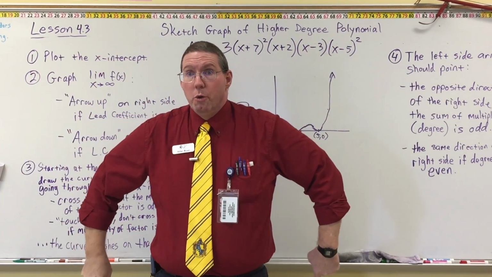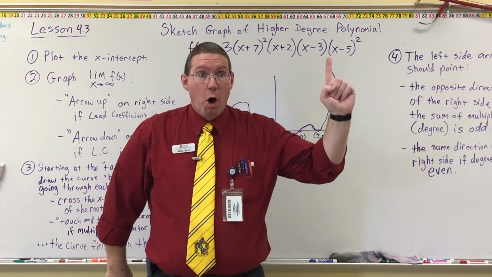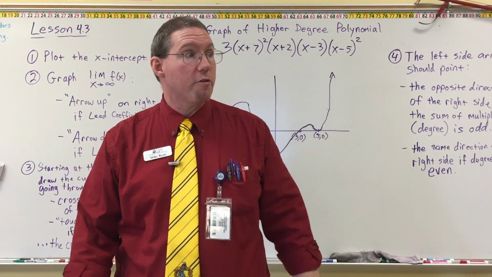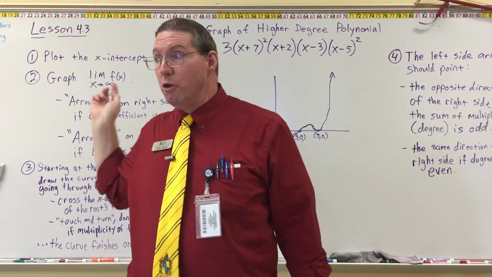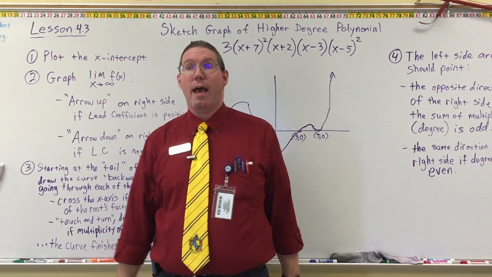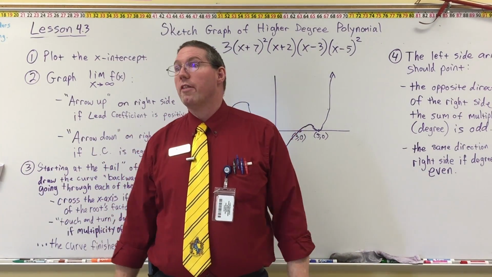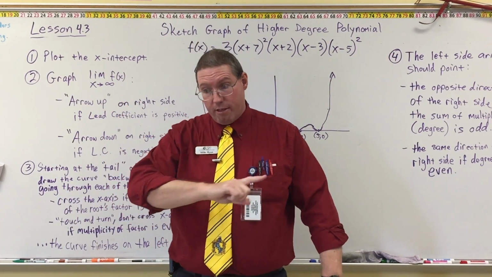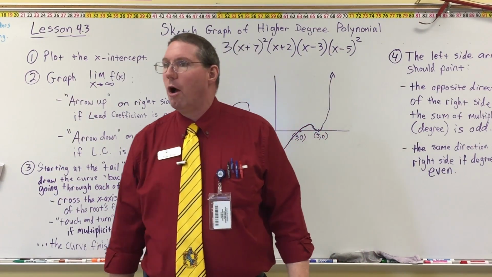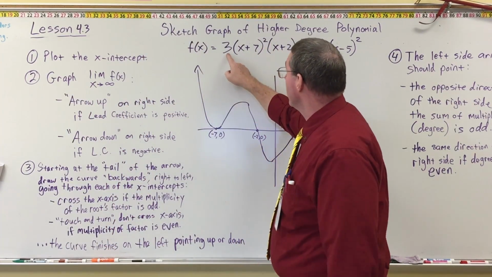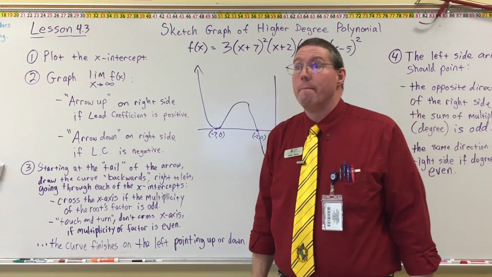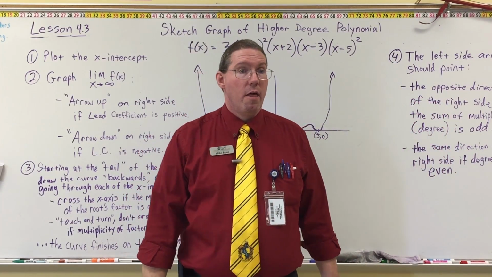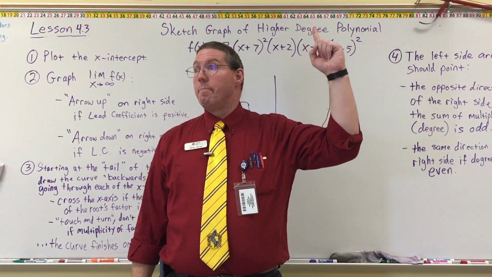1, 2, 3, 4. And I promise you there is going to be a question on the quiz or test that gives you one of these, and all it's going to say is which one of these is right. This, or this. And you have to be able to just glance at it and say, yep, I know. How do you know? Well, it's real easy. It's based on the lead coefficient and the degree. If the lead coefficient is positive, then the right side is up.